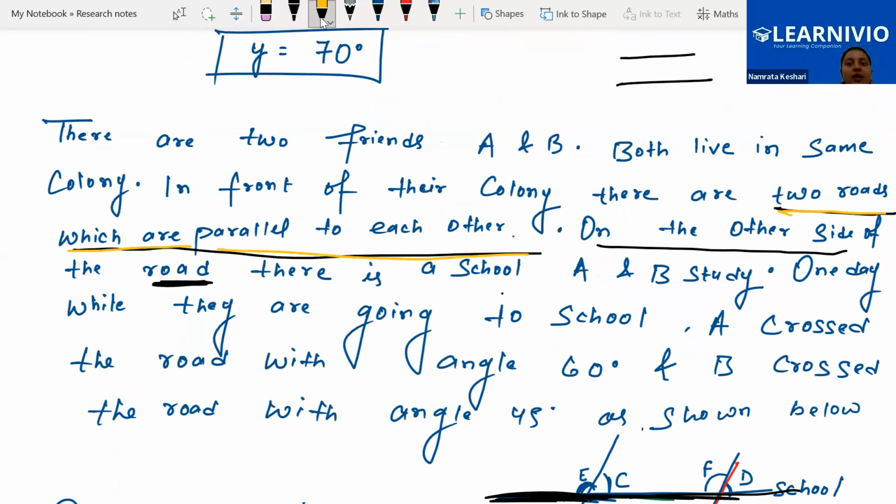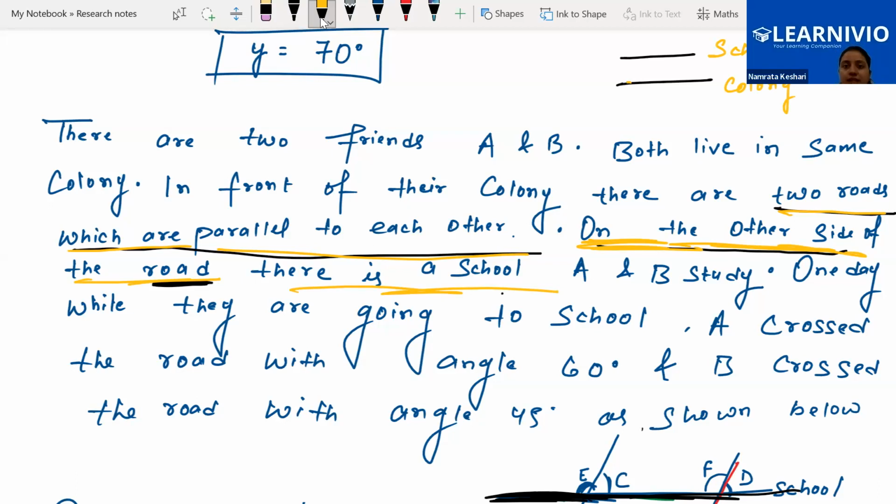Now on one side there is a colony. On the other side of the road there is a school. So the roads, which are parallel, are placed like this. In the same school A and B study. One day they are going to school.